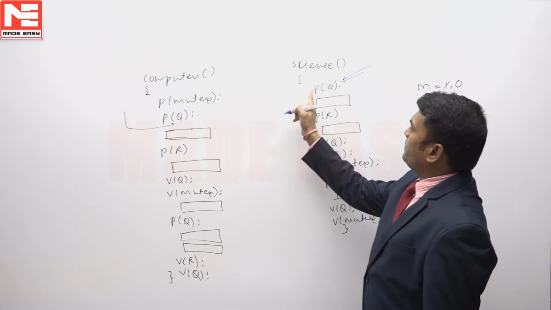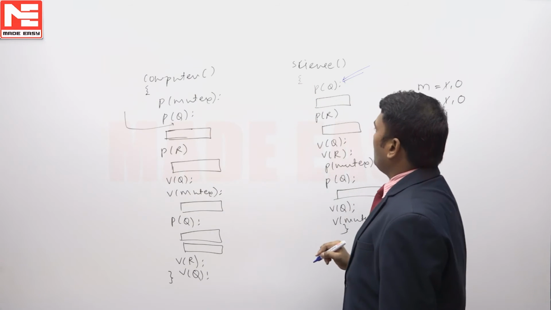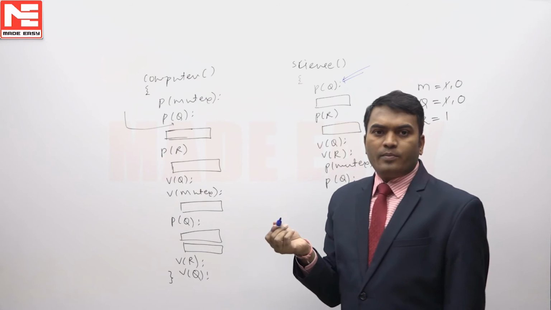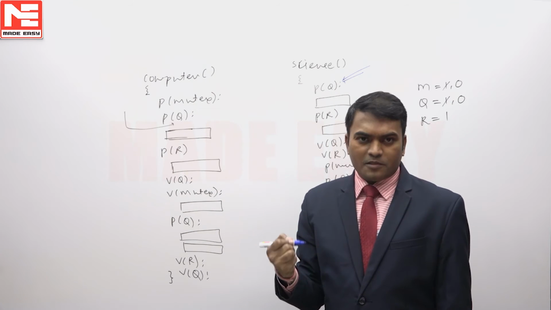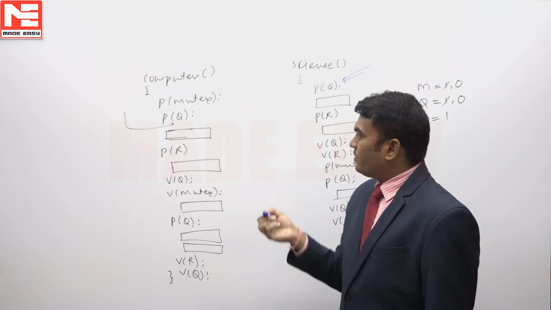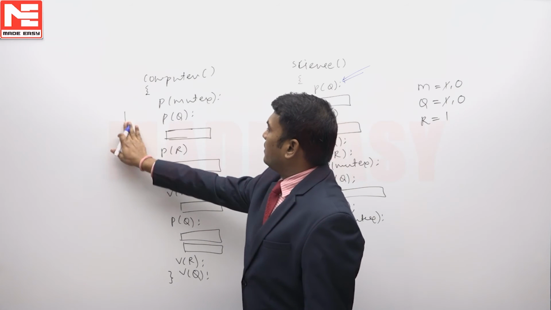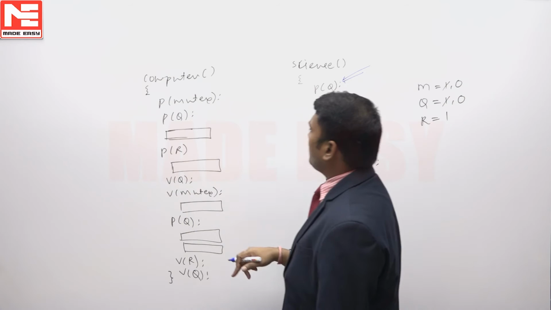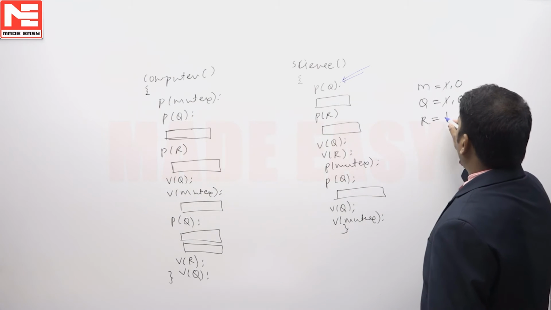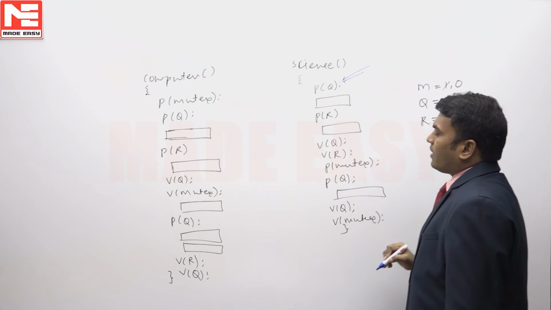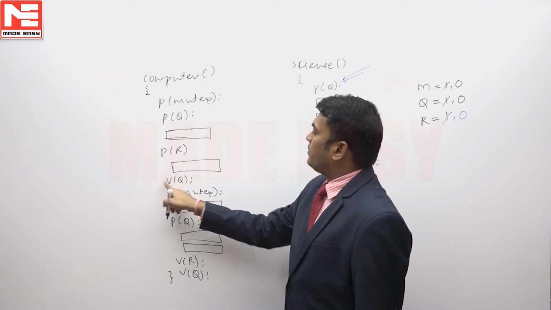Next, the preempted process is coming back. Preemption is just a temporary stop, maybe because the time quantum expired. When the process is coming back, it will perform P of r. When you say down of r, r value also becomes 0. Next it says up of q.